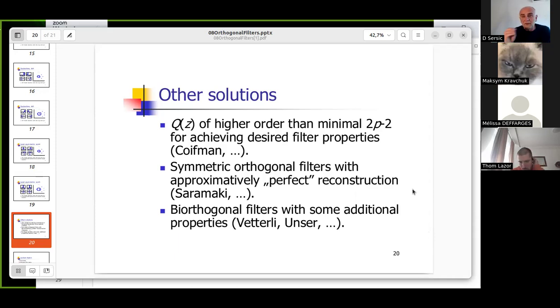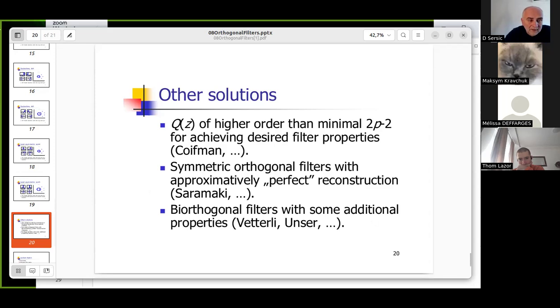He said, okay, almost perfect reconstruction is also okay because many applications are in compression, so you are going to lose some information one way or another. So almost perfect reconstruction filter banks can have some good properties of symmetry, even with real coefficients. And there are so many different designs by different authors like Vetterli, Unser, and so on.